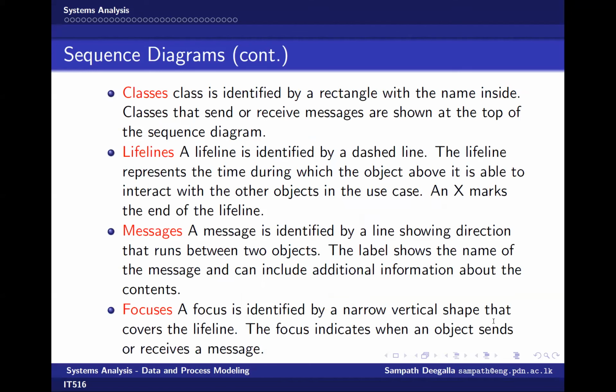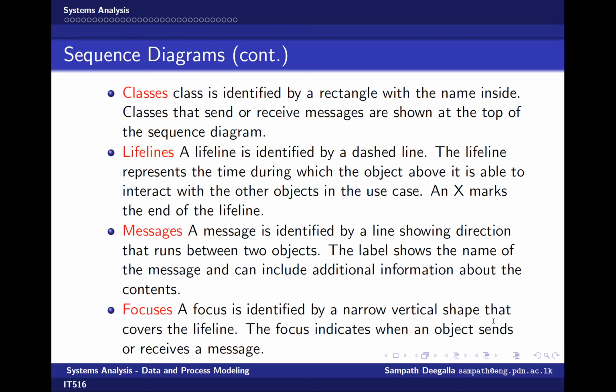Right, in sequence diagrams, we can have a couple of things. We represent classes as rectangles. Then there are lifelines, which we usually draw as dash lines. Then there are messages passed among the classes, and arrows which indicate the direction, right?